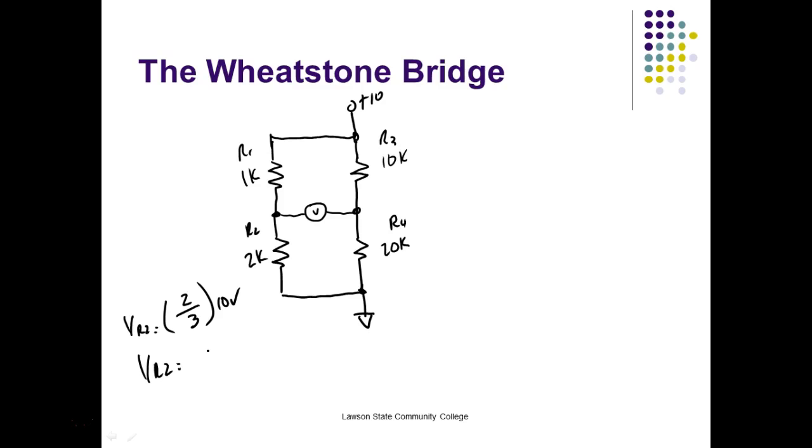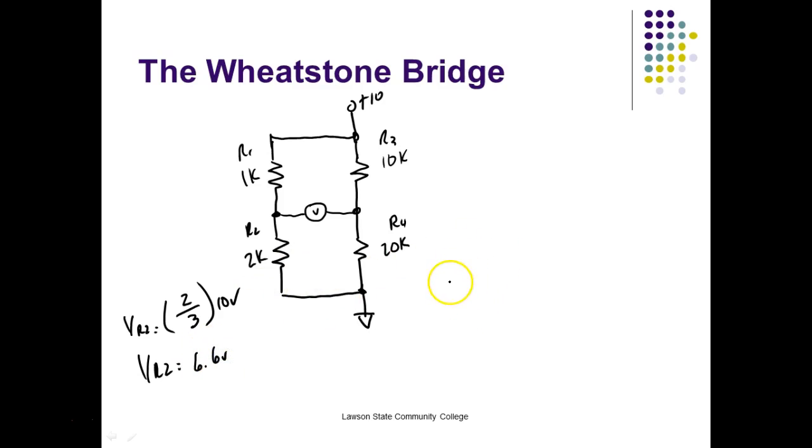So what's my voltage going to be across VR2? 6.6. 2 divided by 3 times 10, right? 6.6 volts.